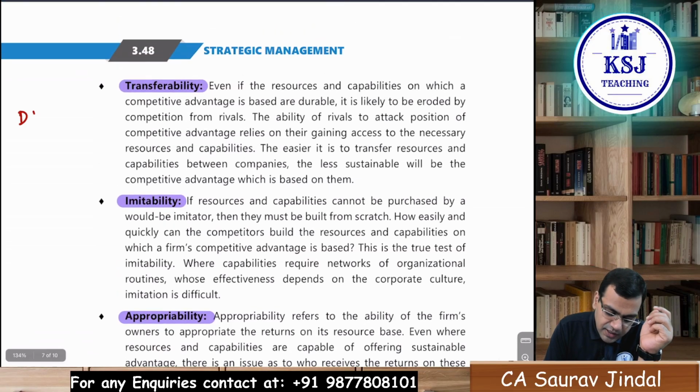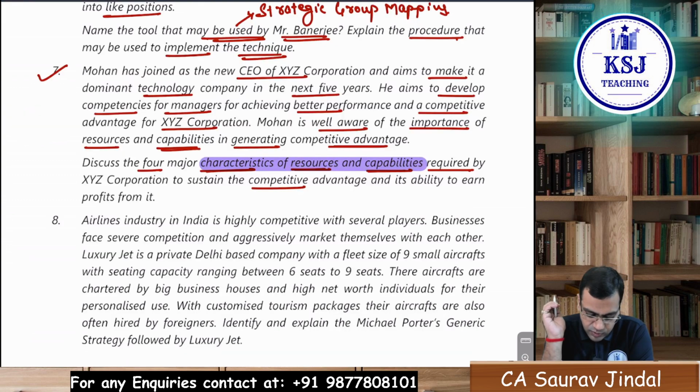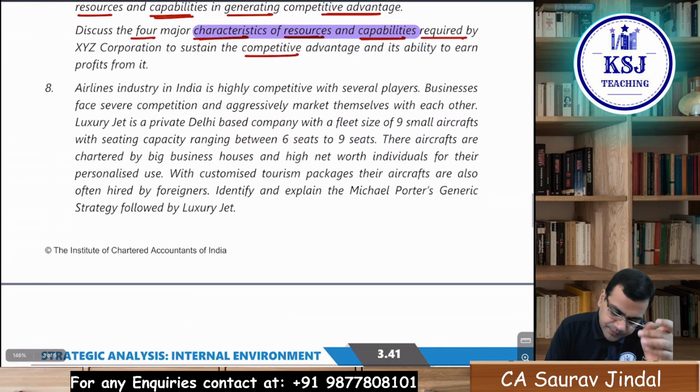That is DTIA. D stands for durability, T stands for transferability, I stands for imitability, and A stands for appropriability. That is appropriation of the returns by using those resources and capabilities. Clear? Okay, so this was the 7th one. Let's come to the 8th one.